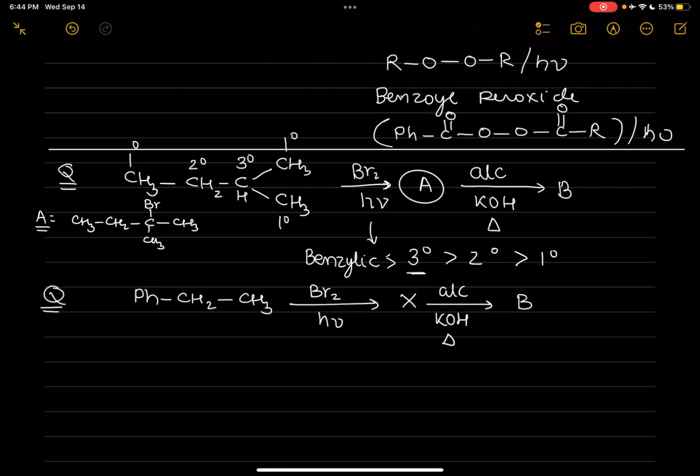And when you react it with alcoholic KOH and heat, aqueous KOH does the substitution, alcoholic KOH does the elimination. It removes HX. So Br is there at this carbon, from where the hydrogen is going to get removed. Which alkene are you going to form? You have hydrogen on 3 sites available.